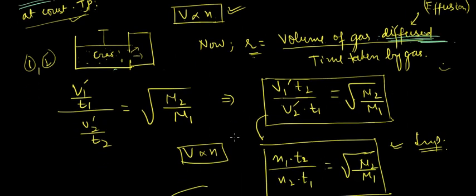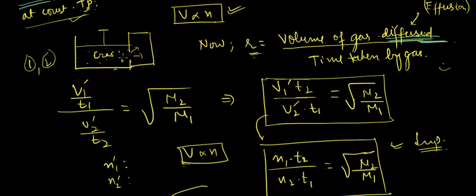Now we know that volume of the gas diffused is directly proportional to the moles of the gas diffused. We will say N1 and N2 are the total moles of the gas in both the containers. N1 dash is the number of moles of gas A which diffused in the second container, and N2 dash is the number of moles of the gas which diffused into the second container as well.